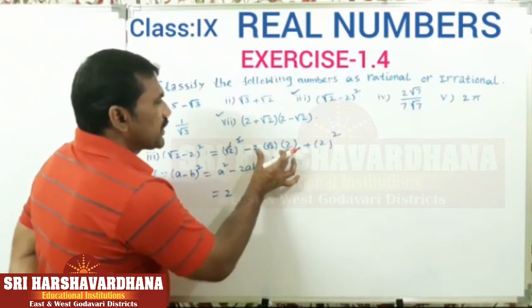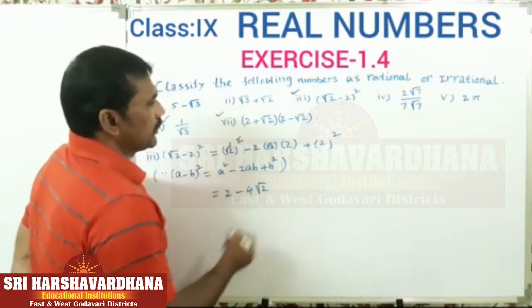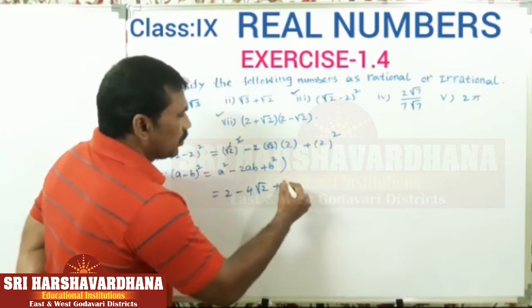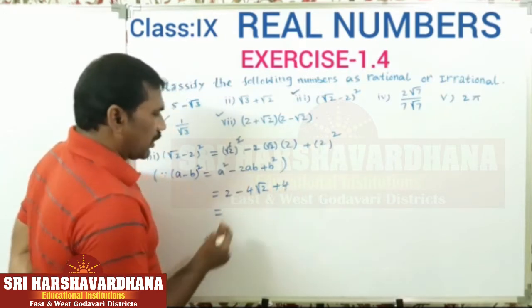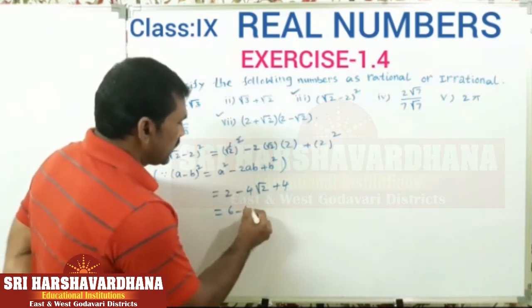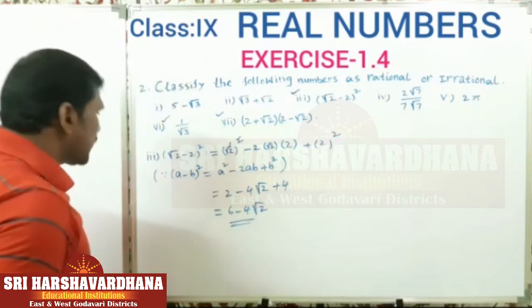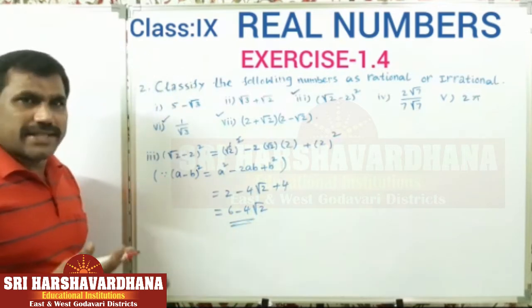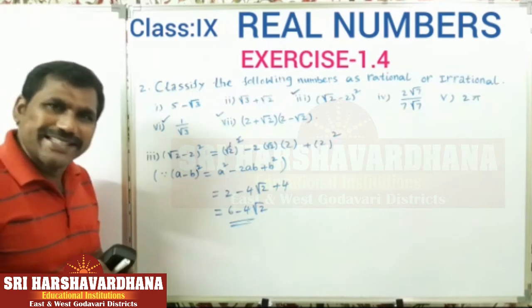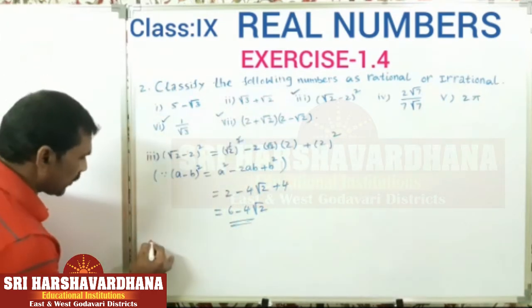Here 2 2s are 4 minus 4 root 2 plus square of 2 equal to how much? 4. 2 plus 4, how much? 6. 6 minus 4 root 2. Like that we have to solve this type of problems. Okay children? Right. Now I will explain the sixth problem.